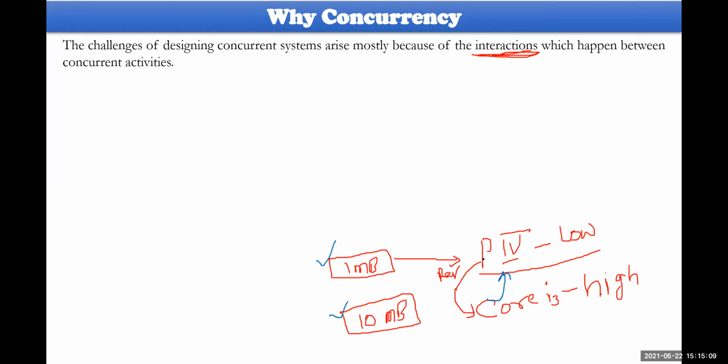So if you want to receive the data from Core i3 at Pentium 4, the Core i3 data must be divided into 10 different pieces. Piece 1 is 1 MB, then one more piece is 1 more MB, and something like this, you have to divide it into 10 pieces.